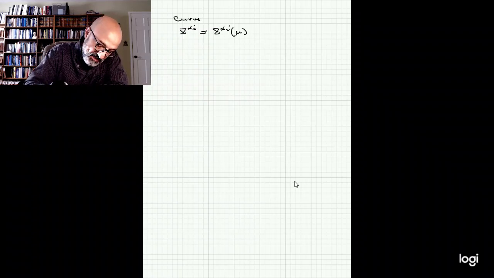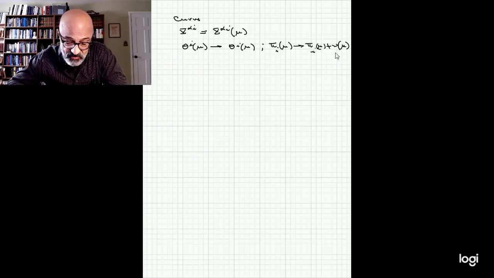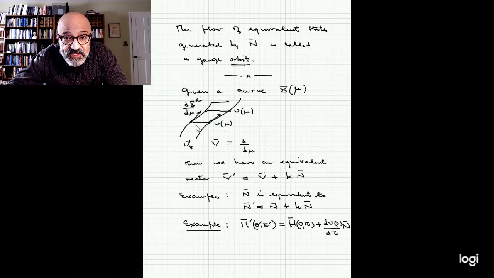And so what this means is that theta I as a function of mu goes to the same thing, and pi I as a function of mu goes to pi I mu plus nu, where now mu nu can be a function. So we're just doing this displacement, but the displacement can be a little bit in some places, a lot in some others, but always independent of the I.